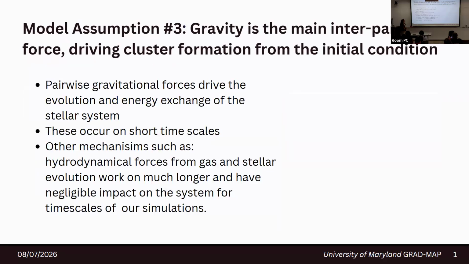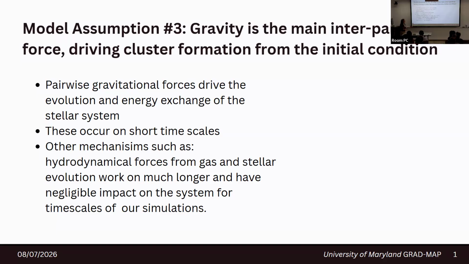The third assumption is that gravity is the main interparticle force driving the cluster formation from the initial condition. Basically, the pairwise gravitational forces between the stars drive the evolution and energy exchange of the system, and other mechanisms such as hydrodynamical forces from gas or stellar evolution operate on much larger timescales. So for the timescales of our simulation, their effects can be negligible.